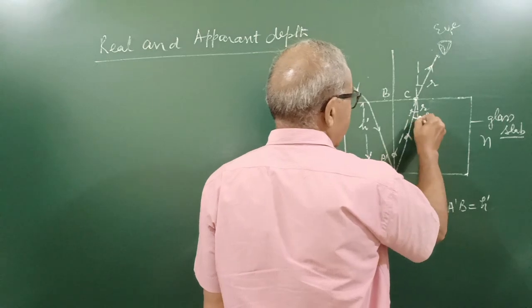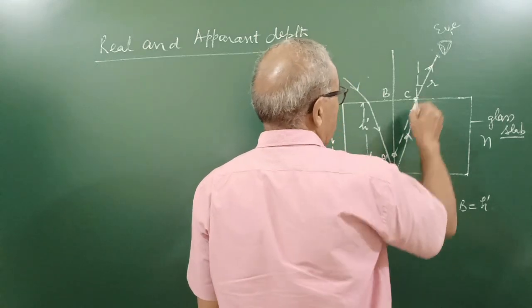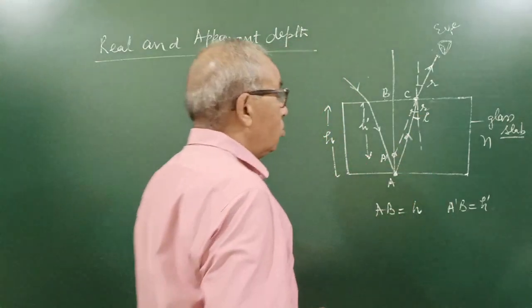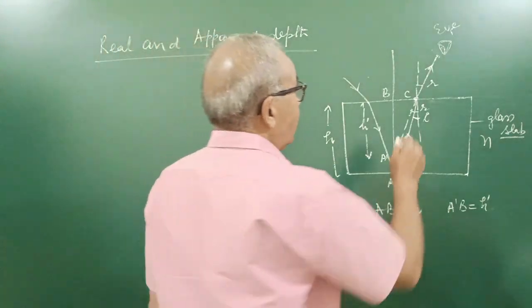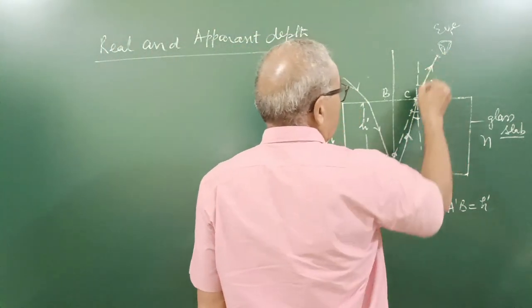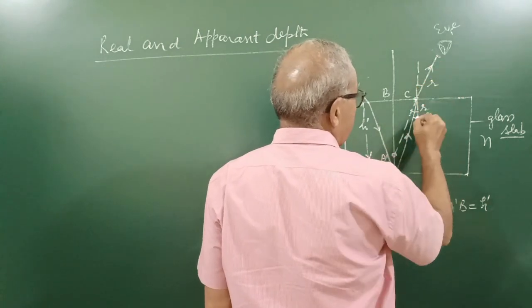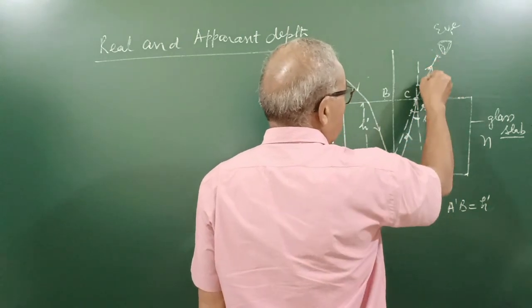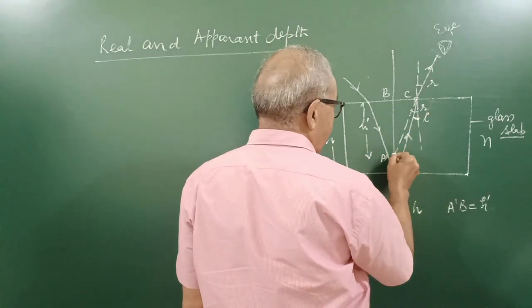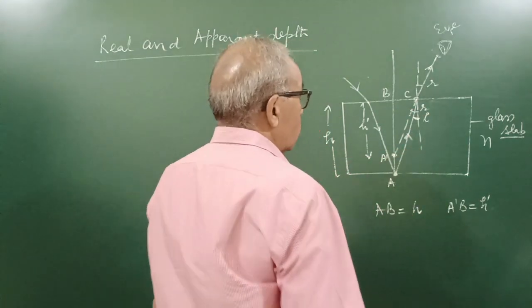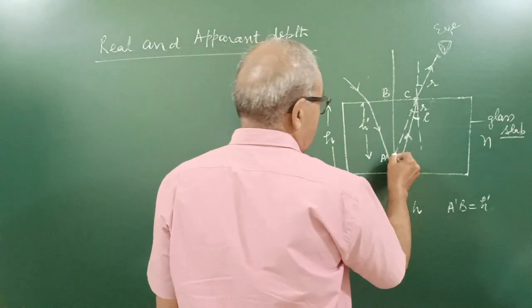This is the angle of incidence here. When light goes from denser to rarer, it bends away from normal. So this is a refraction, angle R greater than angle I. When we produce back, it meets at point A dash. So point A appears at A dash.